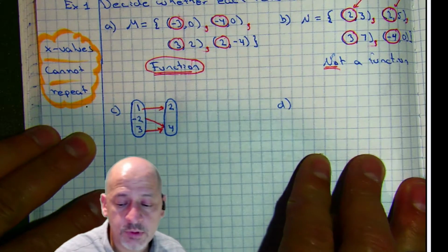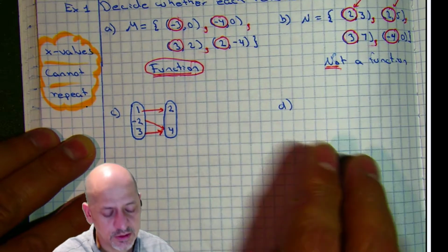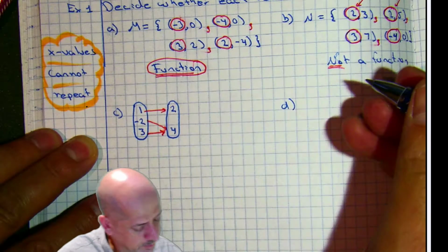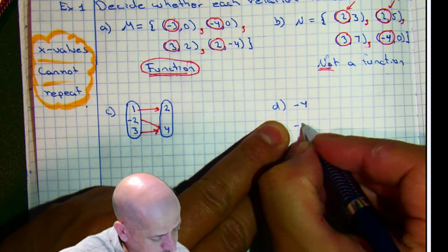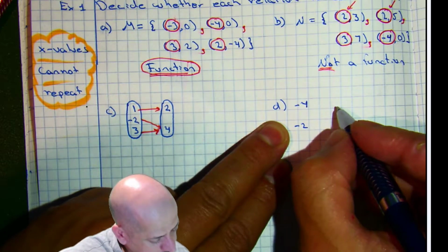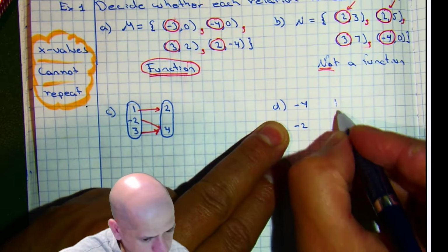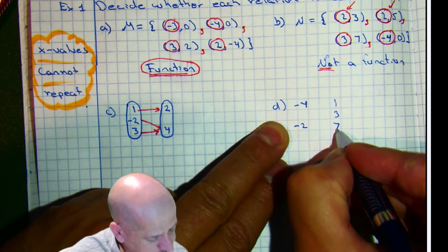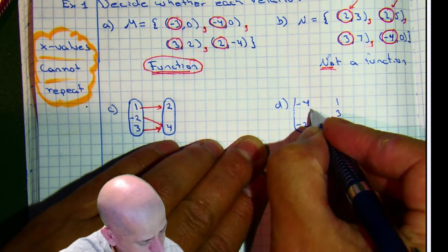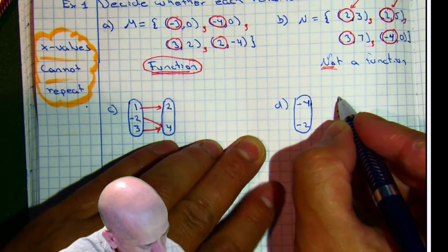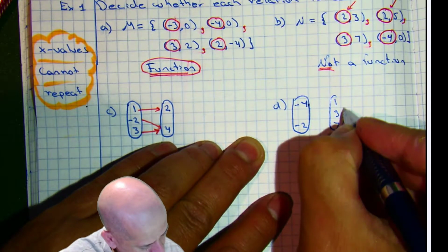Let's go and draw the second one, and then we can decide whether they're functions or not. So for the second one, I have a negative 4 and a negative 2. And now I must skip 2 lines, and I have a 1, a 3, and a 7. Now I'll place my bubbles on the first, then on the second.